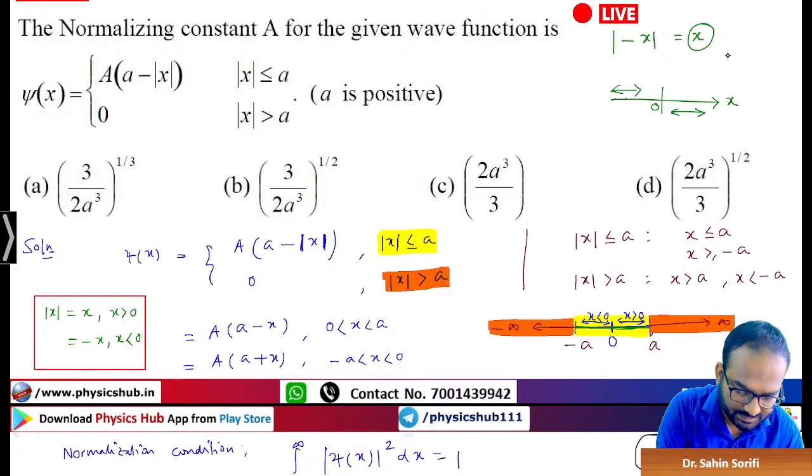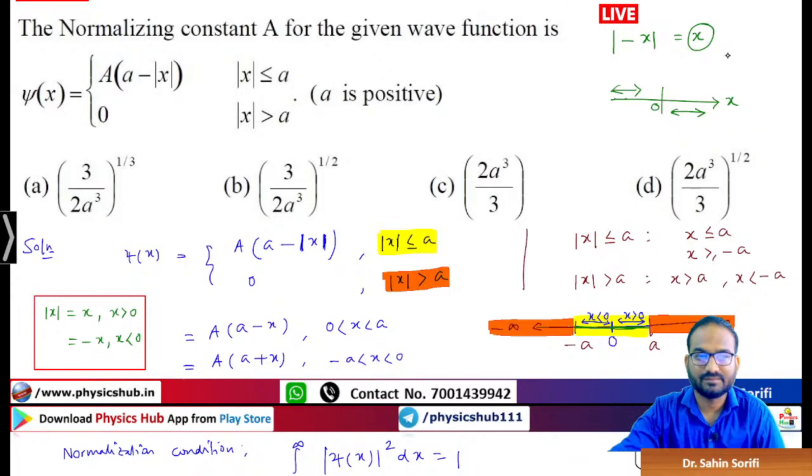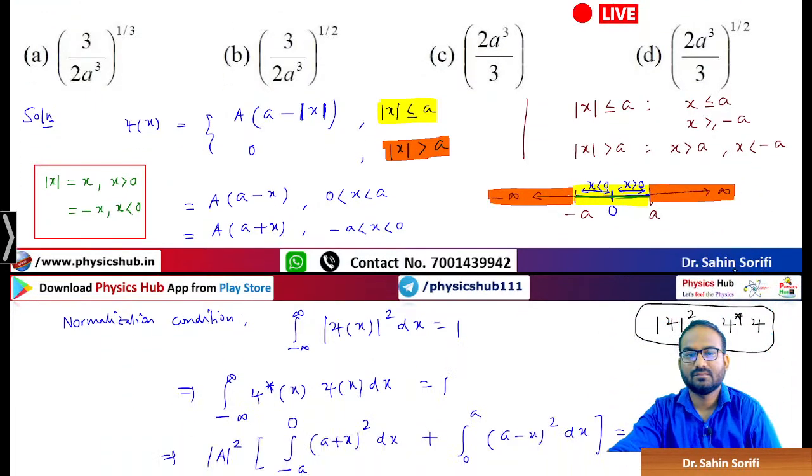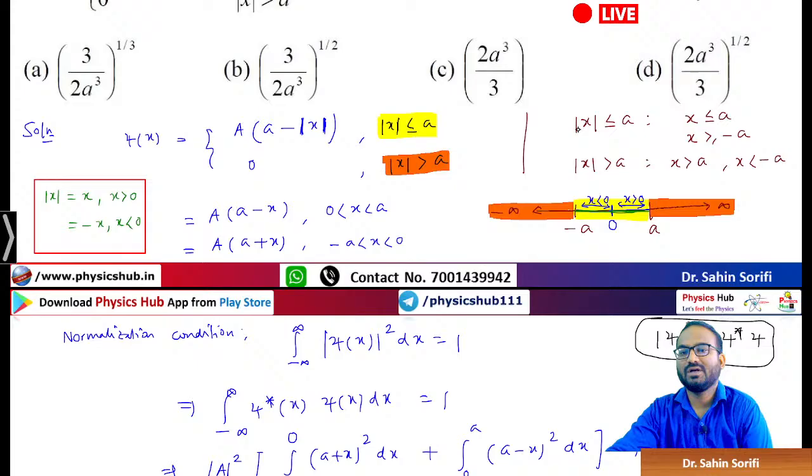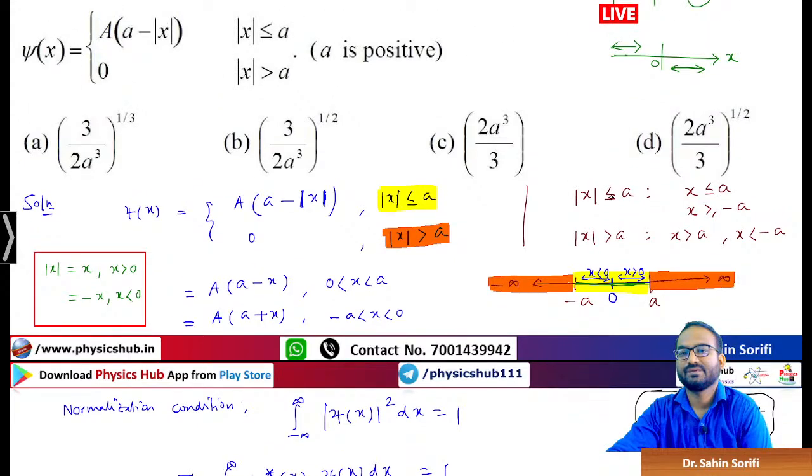The two conditions written above the drawn diagram, yeah, this one. Mod x less equals to a. Using this condition, x less equals to a, and you see x greater equals to minus a.